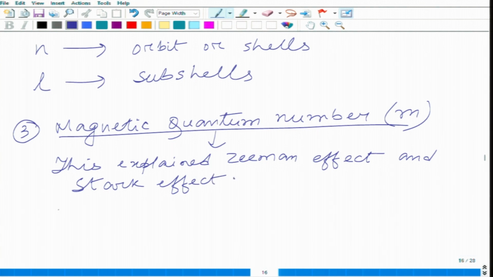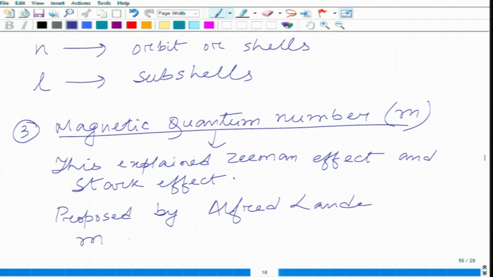So, it was proposed by Alfred Landé, and this is denoted by the letter m, and m denotes the orbitals.